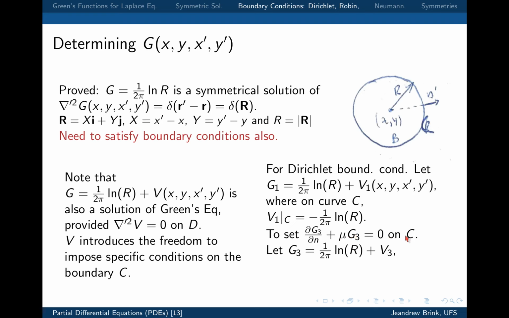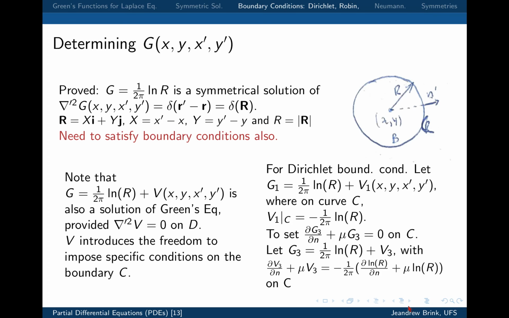And the way we do that is we say let G3 equal the symmetric solution plus V3, and we then choose V3 so that its boundary condition is simply equal to the forcing function, or the boundary condition that results from the symmetric solution. So the two solutions cancel each other out, and that's how we choose V3. And once again, the Laplacian of V3 is equal to 0 in D.